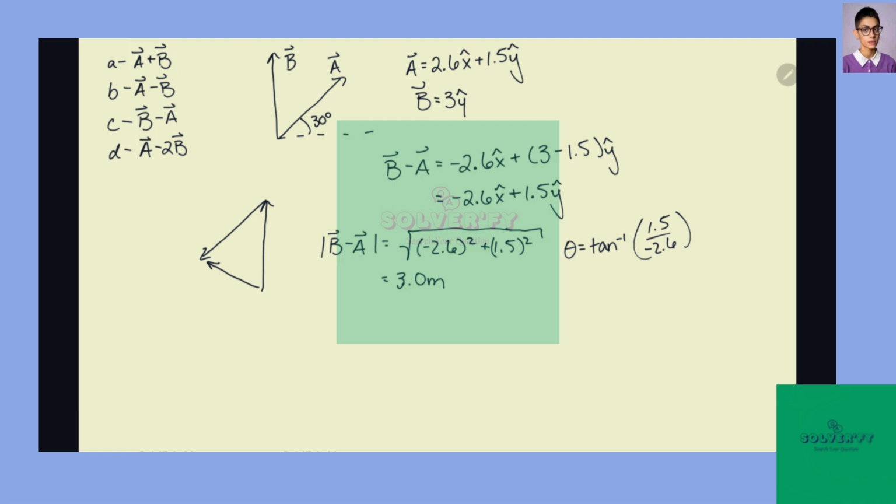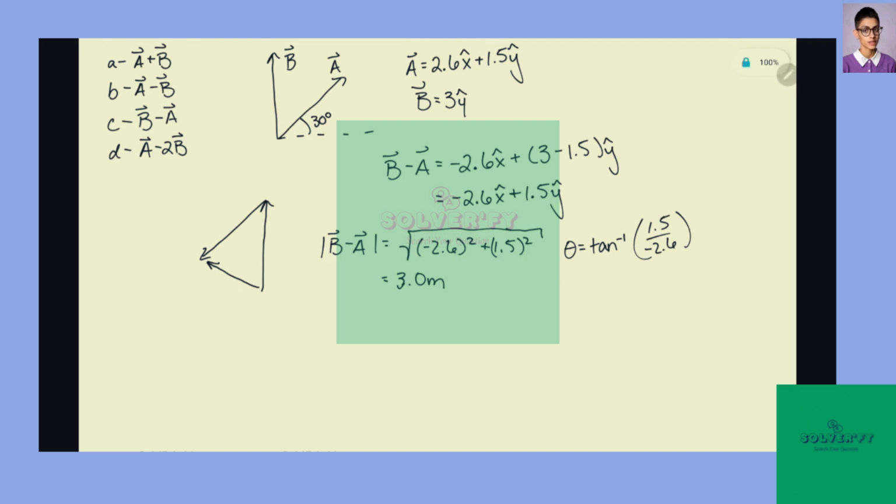So you do want to be kind of careful with the tangent function because calculators have a tendency to only recognize angles between negative 90 degrees and positive 90 degrees. However, by drawing this vector, I know that it's going to be between 90 degrees and 180 degrees, right?